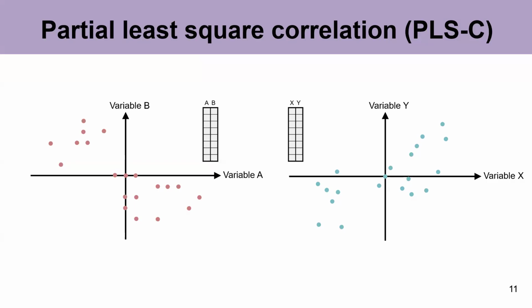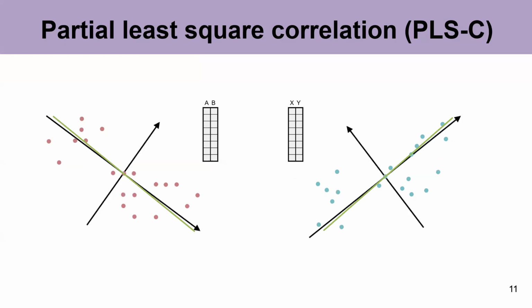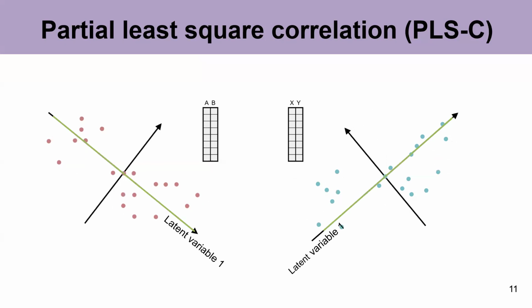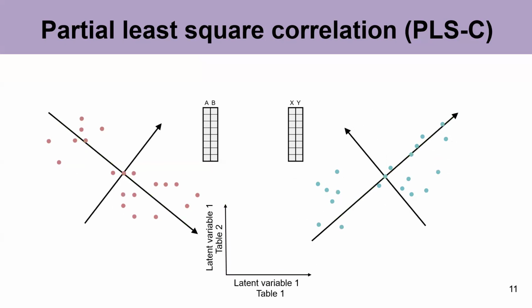So for PLSC, we're still finding the line, but now I'm getting the lines from the two sets simultaneously, so that when I use them as my new variables, which in PLS we call latent variables, they have maximum covariance. Make sense so far?